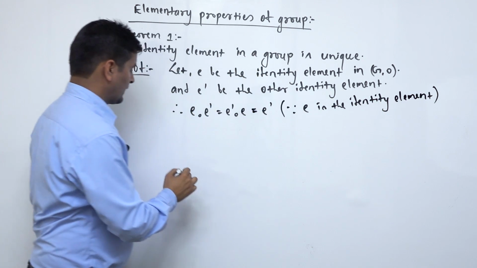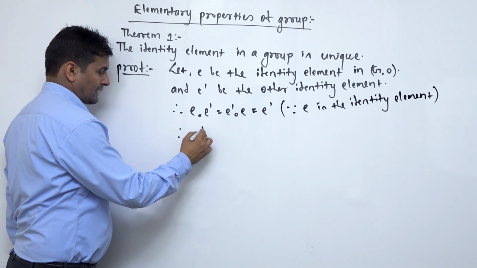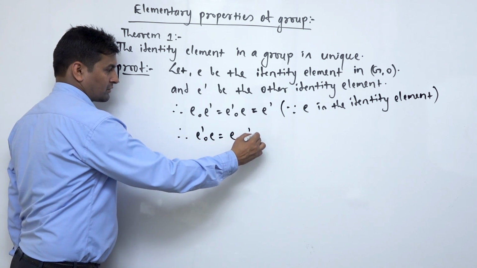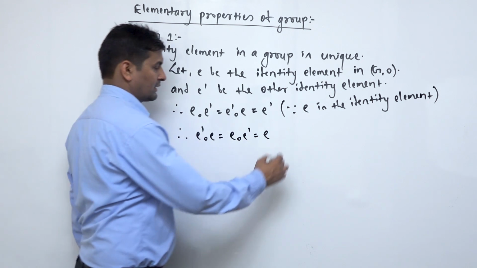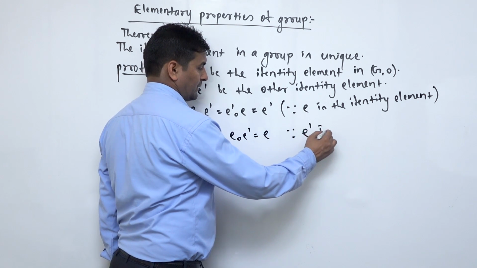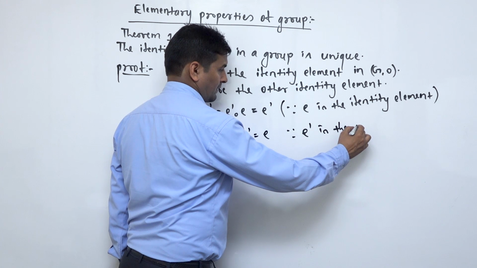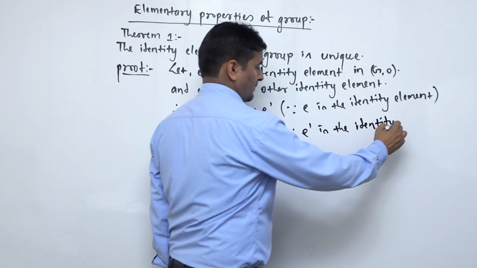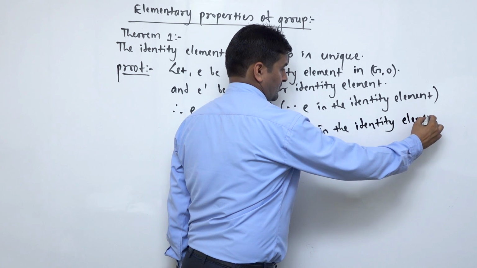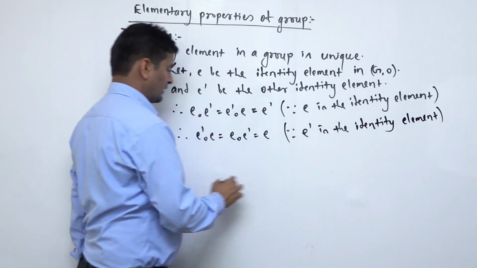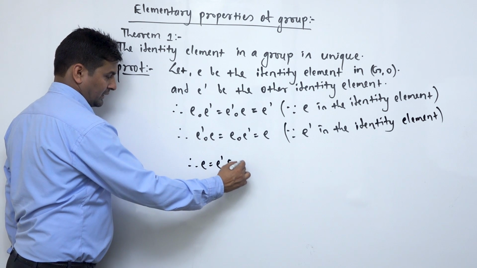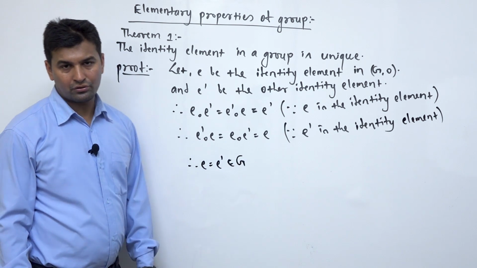Again, therefore, E dash not E equals to E not E dash equals to E, since E dash is the identity element. Therefore, E equals to E dash belongs to Z.